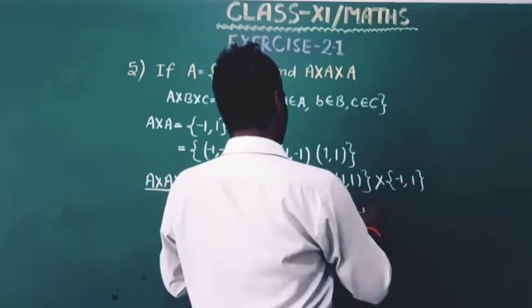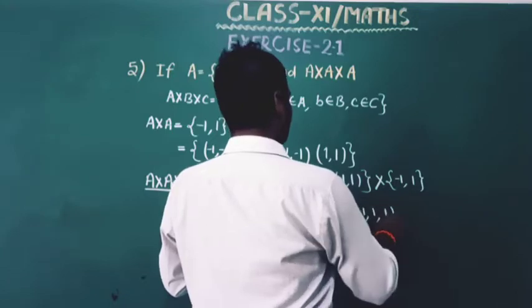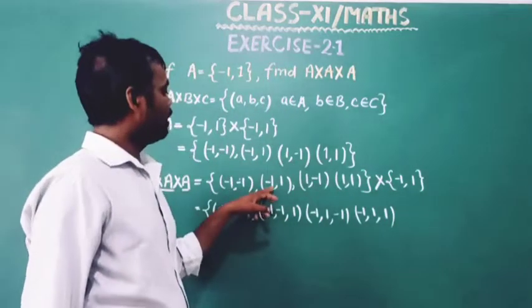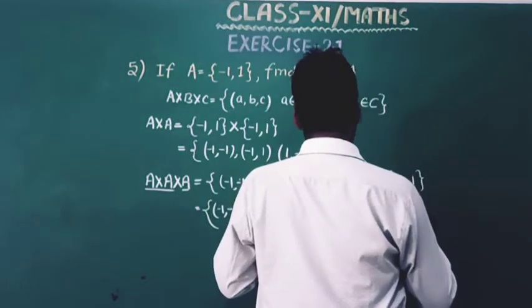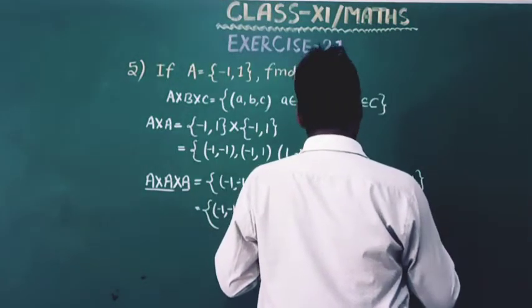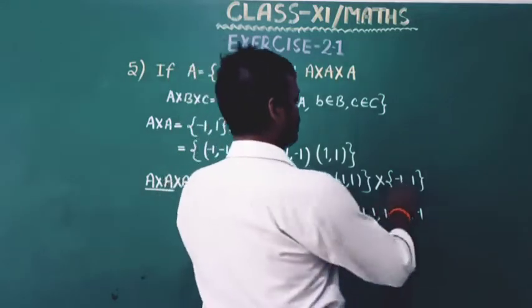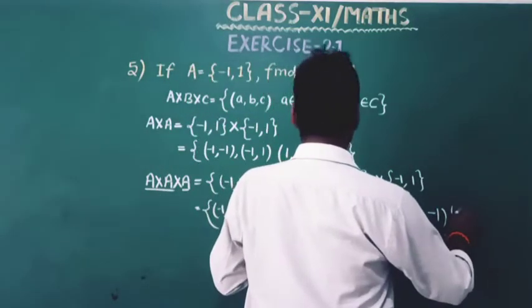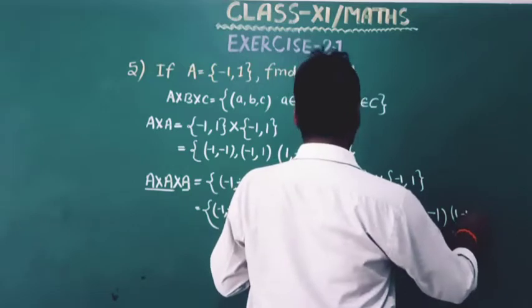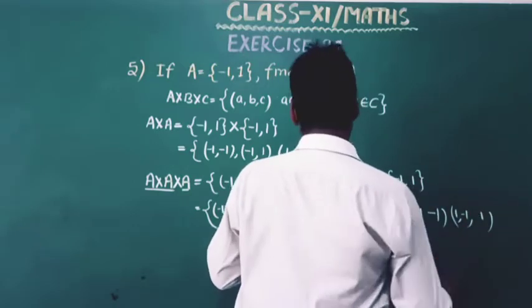Again (1, -1) paired with -1 and with 1, giving (1, -1, -1) and (1, -1, 1).